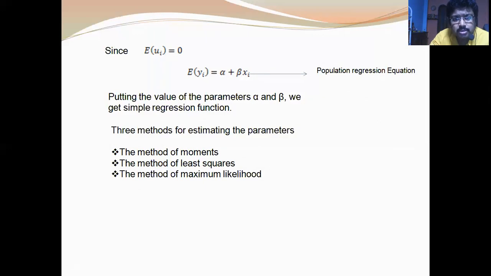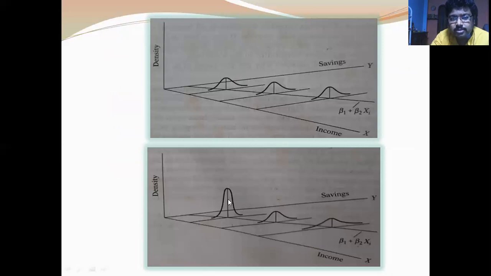I hope you have an idea of the error term, the disturbance term. And here one thing I should mention: look, as income increases, the variances in savings are not clustered in a particular place.